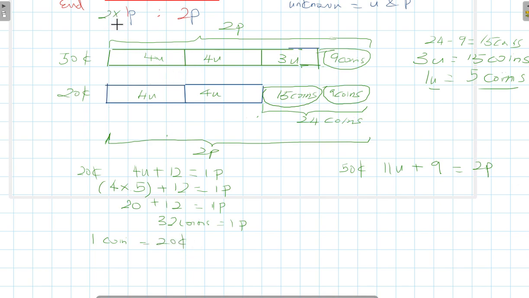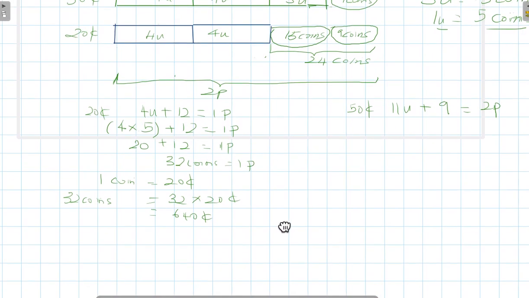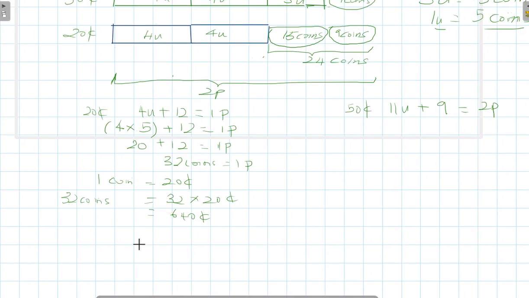Because in the end, you know that my 20 cents is 1 part only, right? So I have 32 coins. So it'll be 32 times 20 cents will give me a value of 640 cents. So this is cents, so I just convert it to be $6.40.